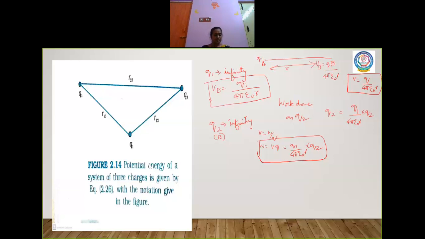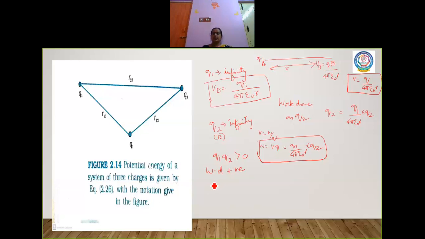Now here, if the product Q1 Q2 is greater than 0, the work done is positive. Here there is an electrostatic force of repulsion. So a positive work is done if Q1 Q2 is greater than 0.